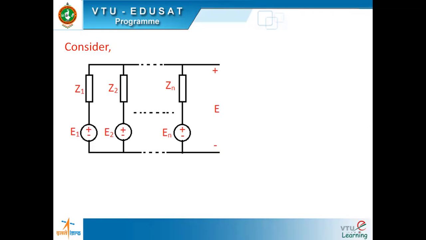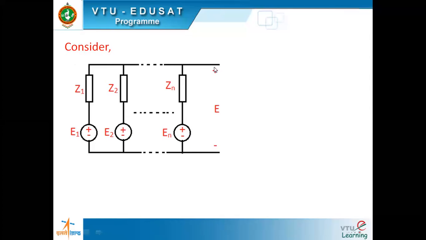Can you make an attempt? See, it is a one node circuit, because these are all branches in parallel, all connected to the same point.